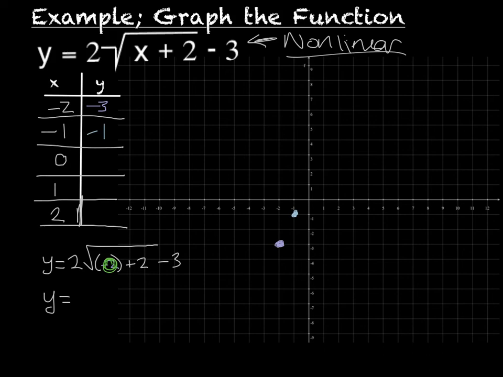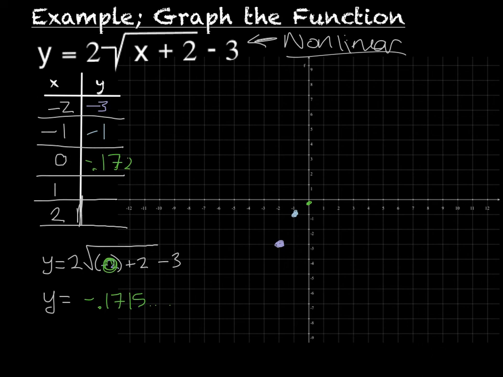I'm going to get a -0.1715, and it keeps on going. So we can just round that off, 0.172. So -0.17 is going to be like right there, not very far.